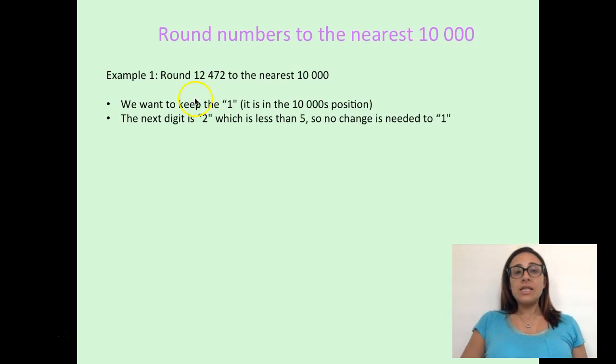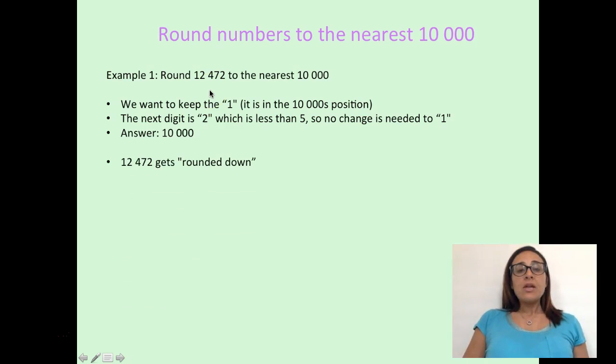The next digit is a 2, which is less than 5, so there is no need to change the 1, but all the digits after it get replaced with a 0. So our answer is 10,000. 12,472 gets rounded down.